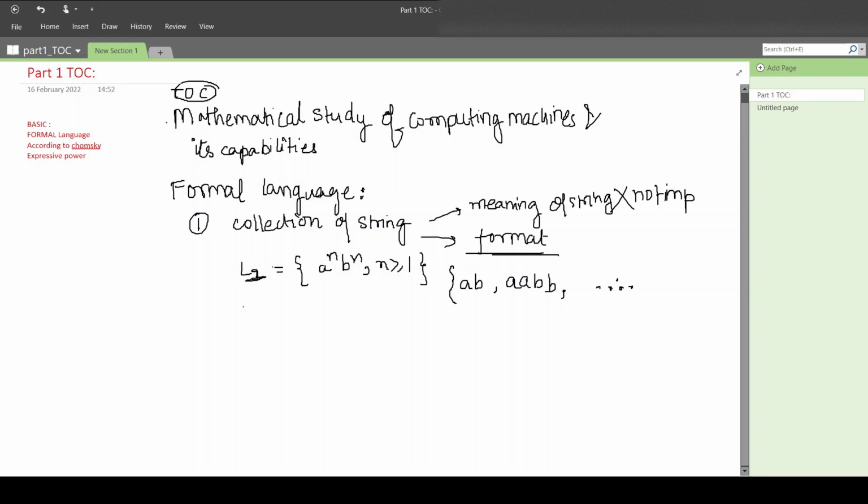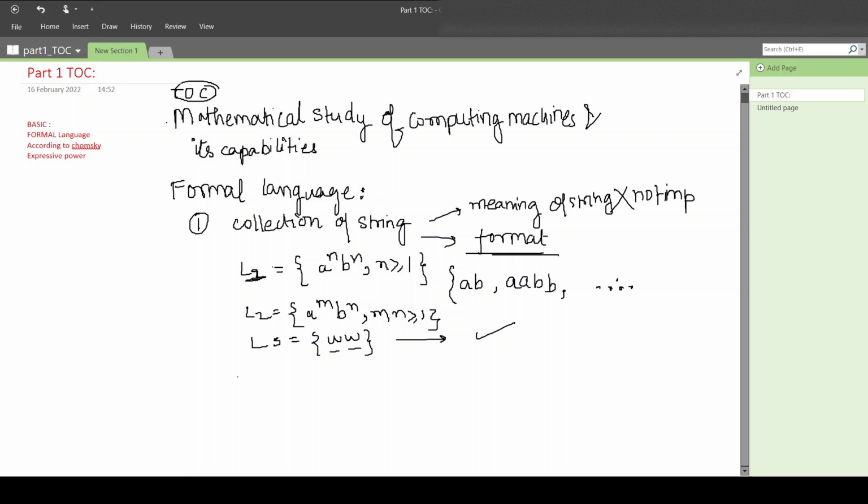Like L2 is equal to a^m b^n, where m, n are greater than or equal to 1. This is also a formal language which brings up some strings. If L3 is ww, this is a string copy function and it's also a formal language.